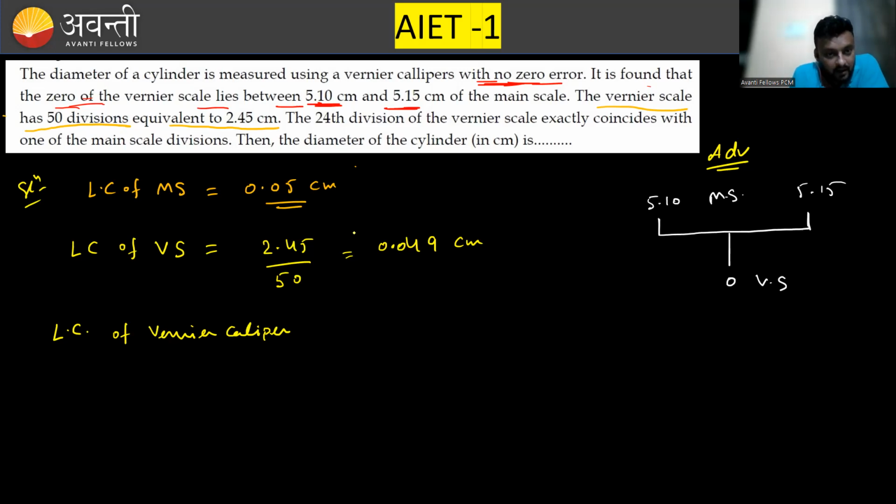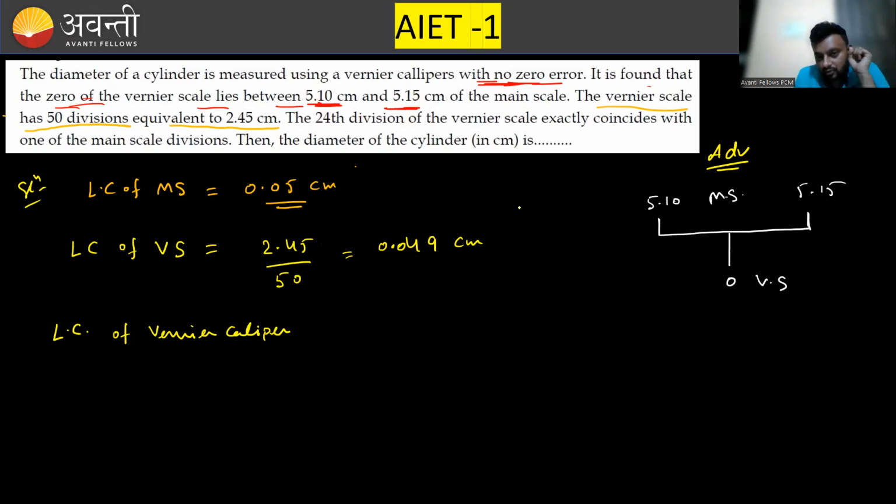Listen to me. In 2.45 centimeter, how many vernier scale divisions are there? 50 vernier scale divisions. And in this same 2.45 centimeter, how many main scale divisions are there? I know the least count of main scale.